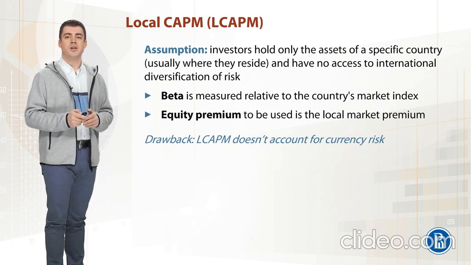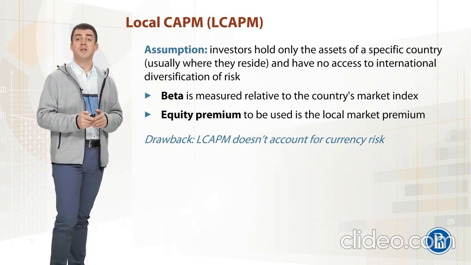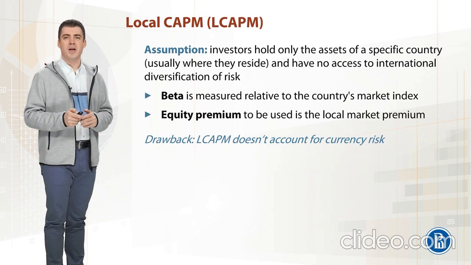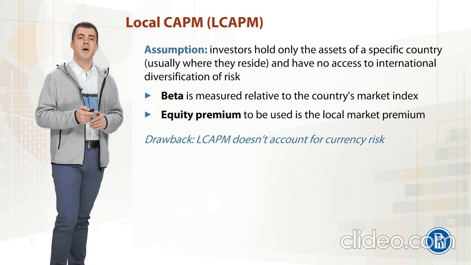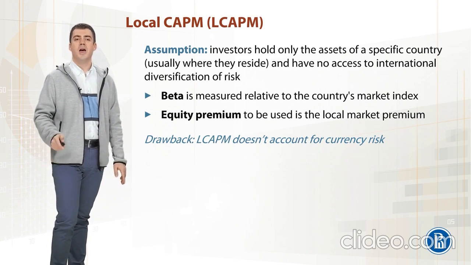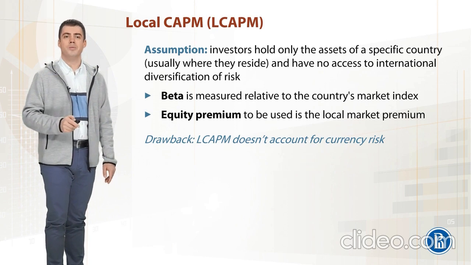And this implies that the capital markets of individual countries would be completely segmented from an international perspective. According to this type of the capital asset pricing model, the beta is measured relative to the country's market index, and the equity premium to be used is the local market premium.